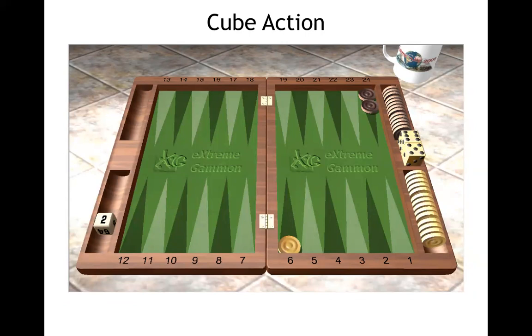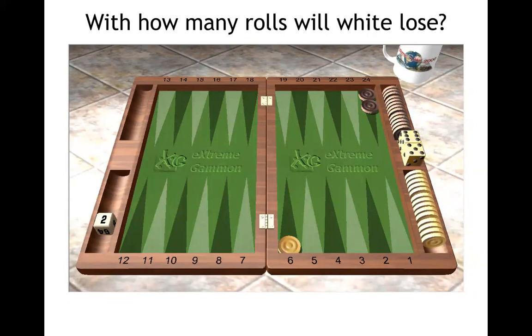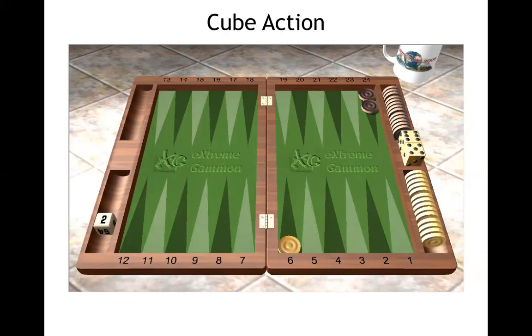Does anyone know the cube action from this position? Is it a double? Is it a take? Double take. It's a double and a take. Okay. Anyone else have a different opinion?